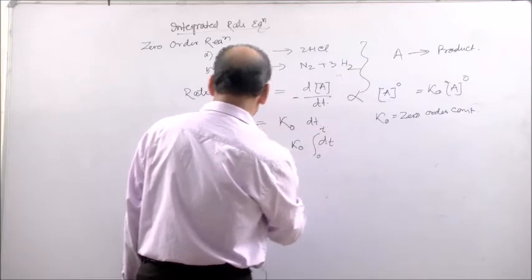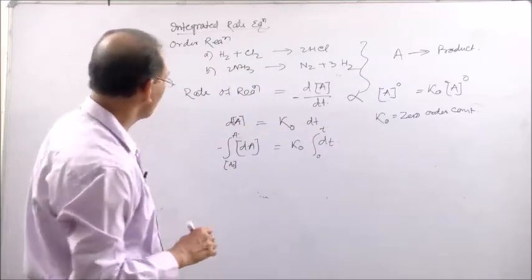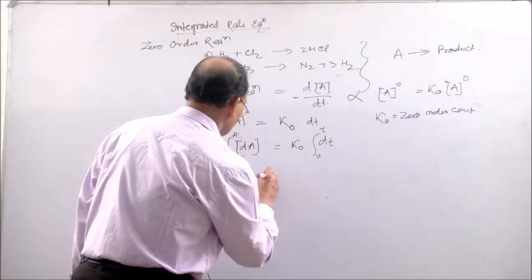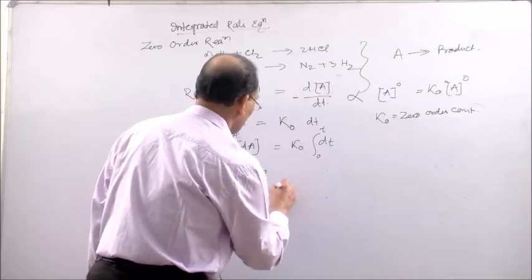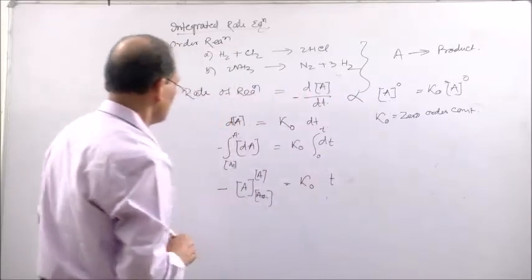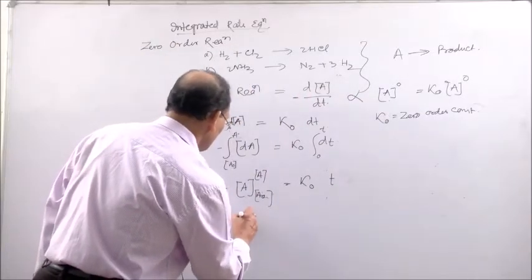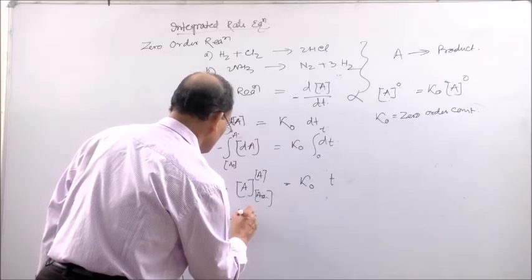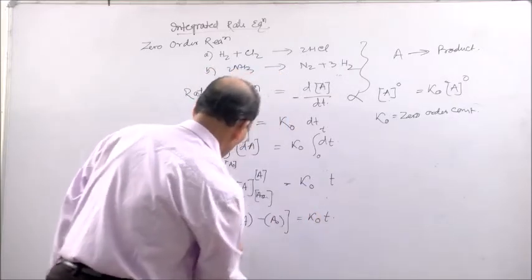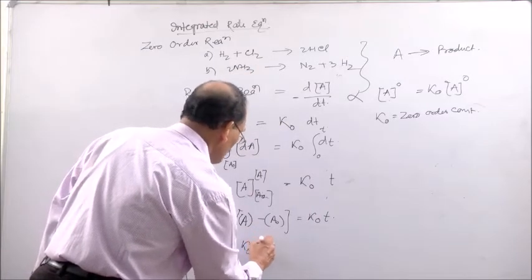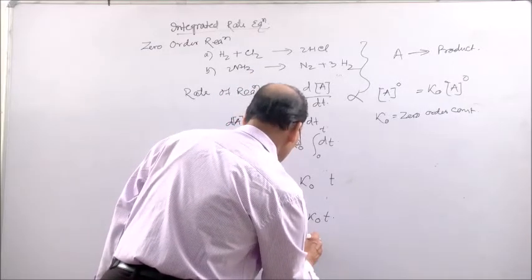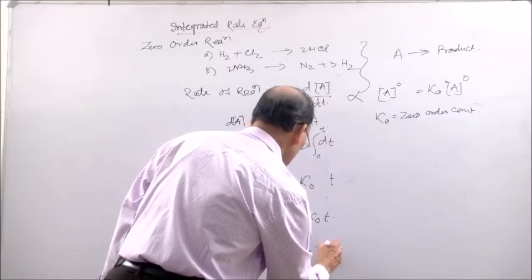When time is t, the concentration is A. So the limits are A0 to A. After integration, we get K0 times t, and so K0 is equal to 1 by t into A0 minus A.